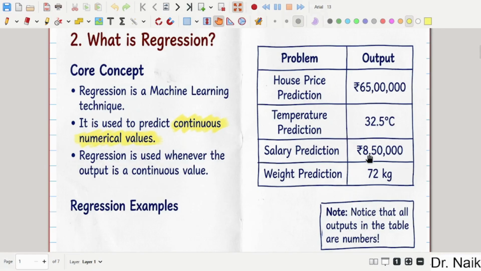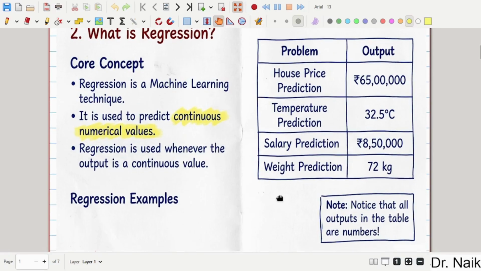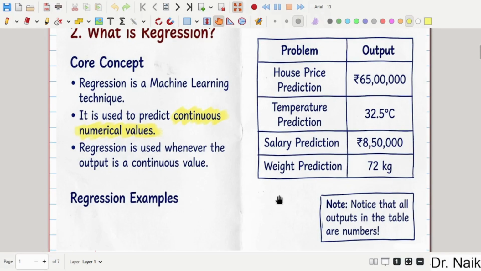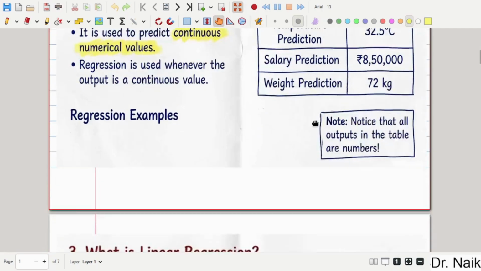Salary prediction, whose output is 8,50,000 rupees. It is a number. Weight prediction, again the output is 72 kg. It is a number. So regression is used whenever the output is a continuous value.